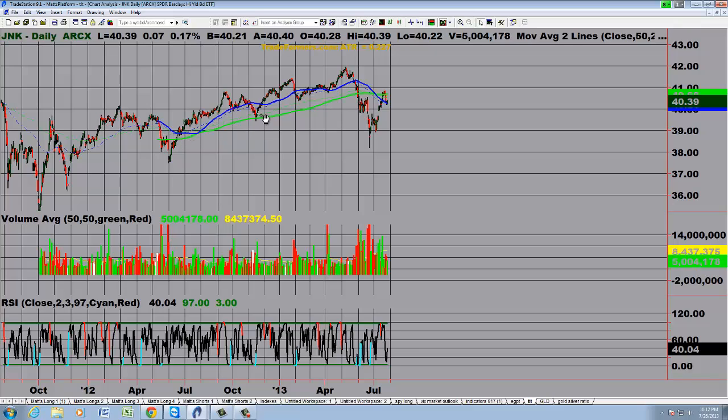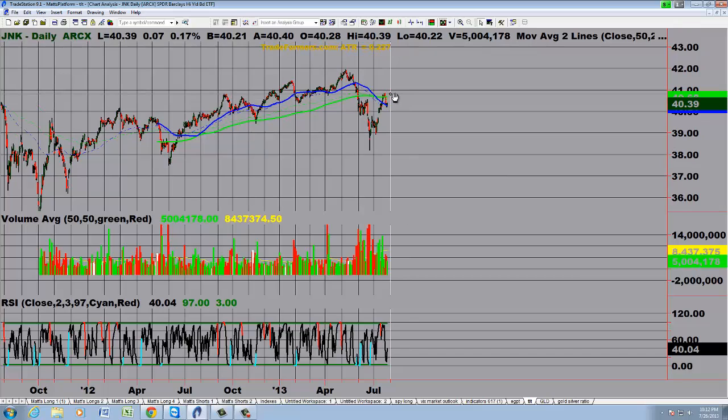The 200-day moving average, we tested it back in late 2012, viciously bounced off, trend stayed intact, and again, under pressure, we've got this sharply declining 50 and a flat 200, but the market's trading under that 200-day moving average.